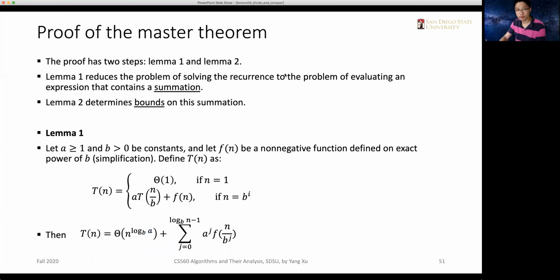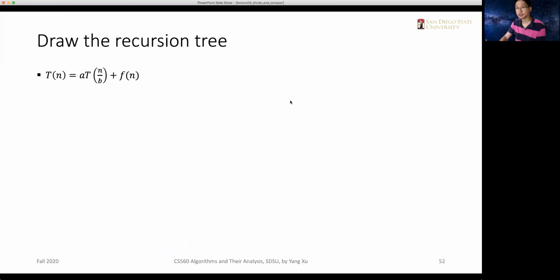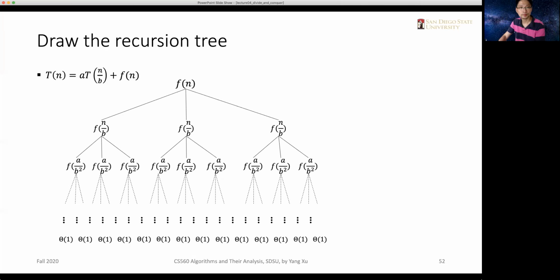We'll use a recursion tree, because a recurrence like this can be expressed by a recursion tree. The root node is f of n. We know that it has a branches. Here we only draw 3 branches, just for demonstration.